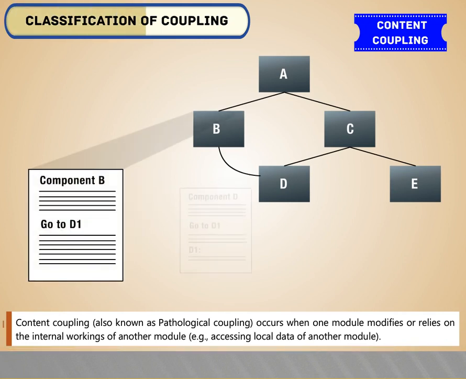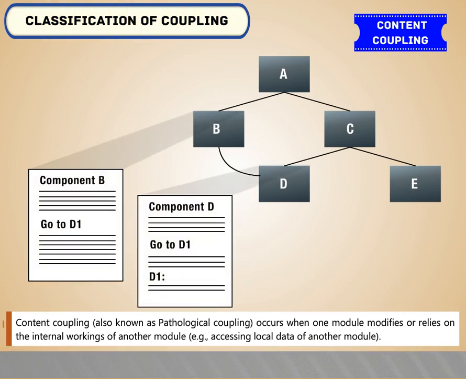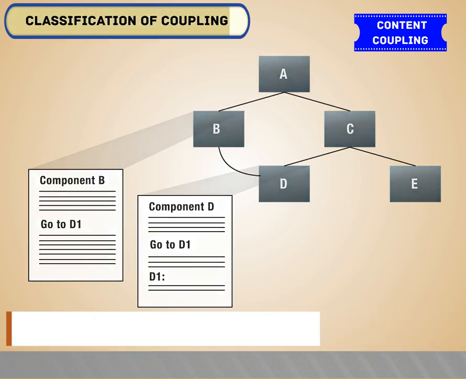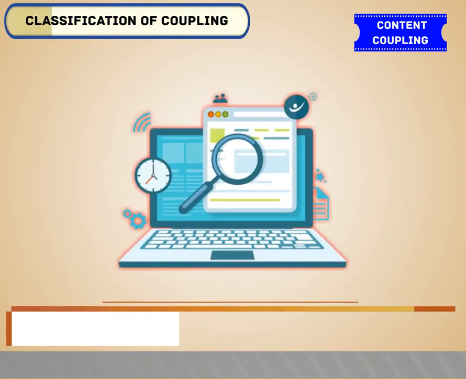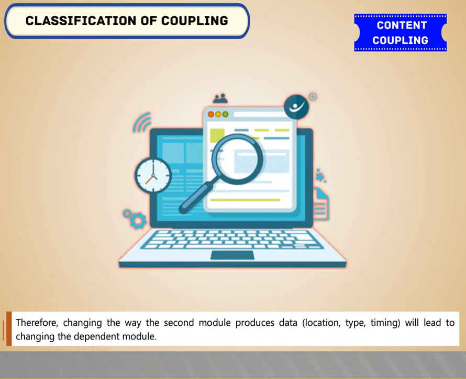Content coupling, also known as pathological coupling, occurs when one module modifies or relies on the internal workings of another module, for example, accessing local data of another module. Therefore, changing the way the second module produces data, that is location, type, timing, will lead to changing the dependent module.